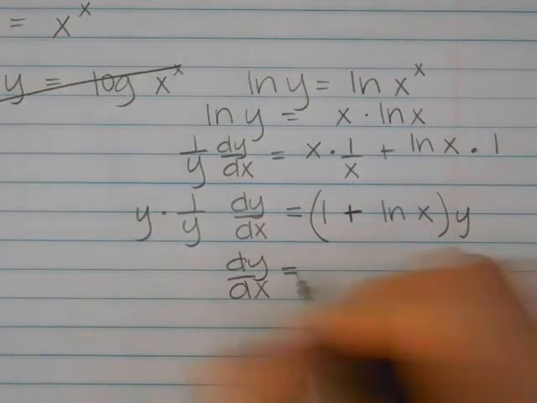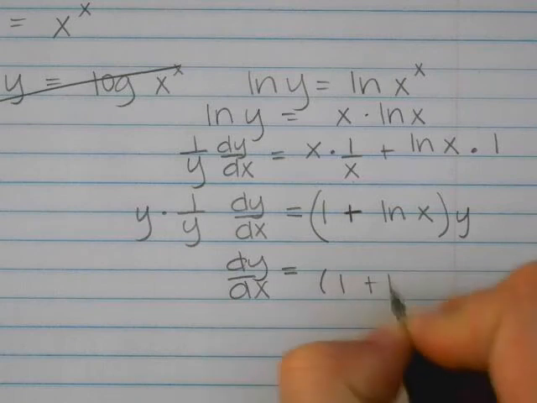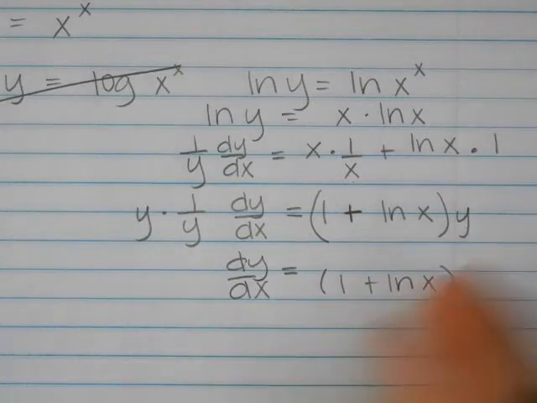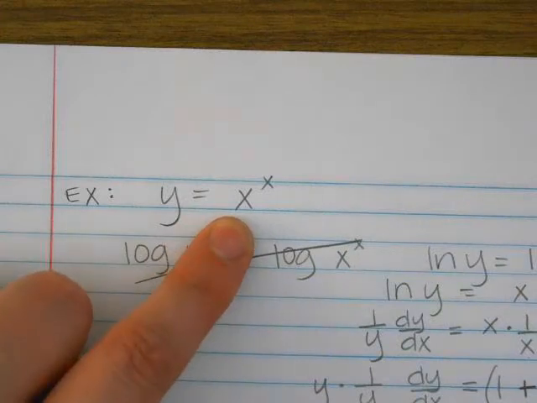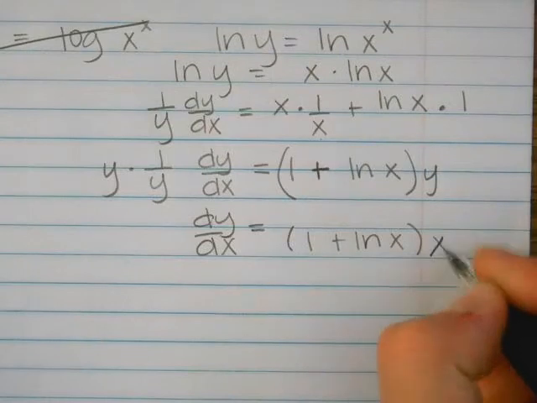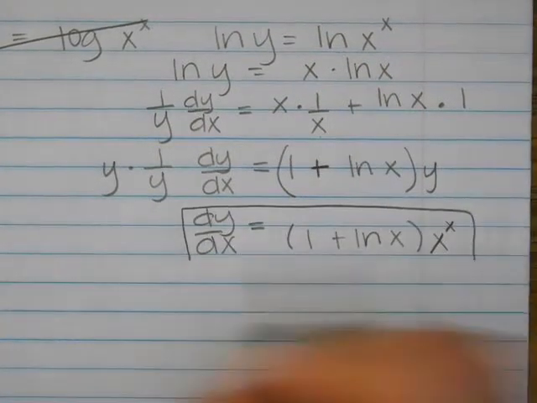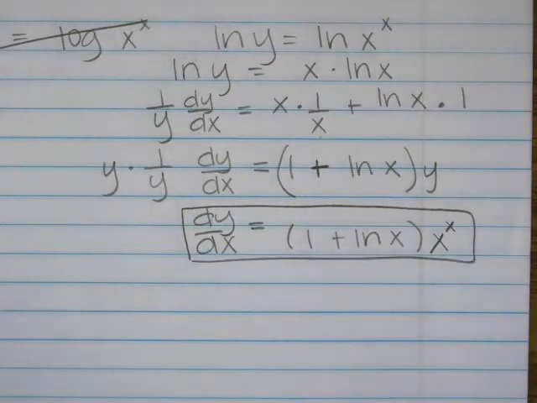So I'm going to say dy dx equals 1 plus ln x, and we're multiplying it by y, except we know from the very original problem that y equals x to the x. So over here, instead of me writing y, I'm going to write x to the x, and that's good. That's my final answer. This is the derivative of x to the x.